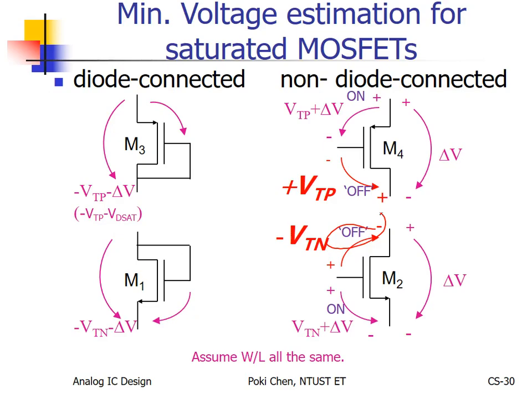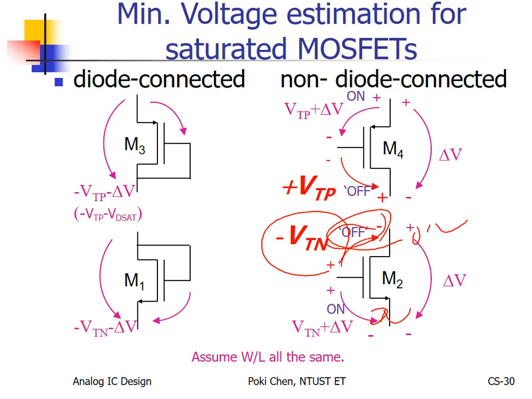But if both sides are on, then the MOS operates in the triode region. So how to make it off? Very easy. The drain needs to be at least VG minus one VTH or higher. That's it.